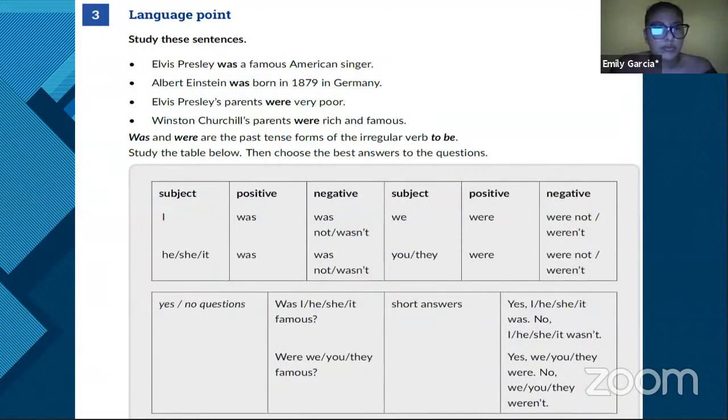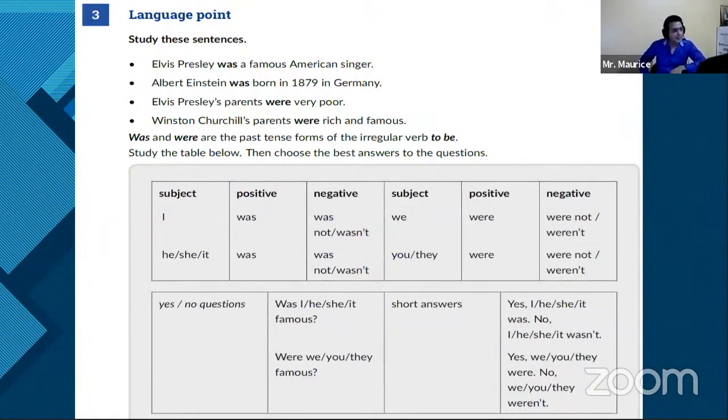Language point. Study this sentence. Elvis Presley was a famous American singer. Albert Einstein was born in 1879 in Germany. Elvis Presley's parents were very poor. Winston Churchill's parents were rich and famous.